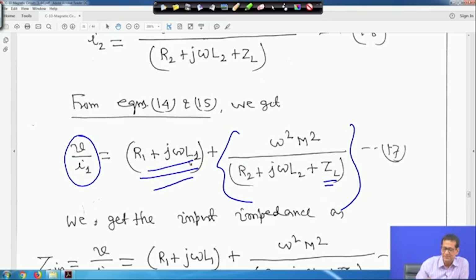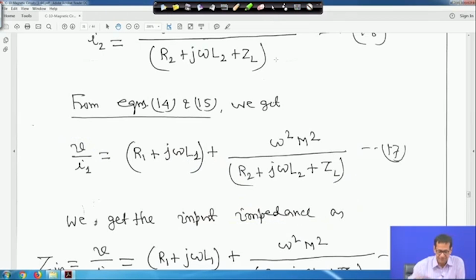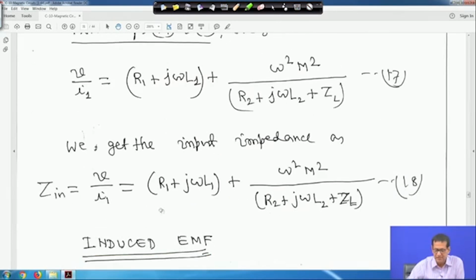R1 plus j omega L1 is the impedance of coil 1 when mutual inductance was not there, without mutual inductor. This V upon I1 in total we call the input impedance. So Z input is equal to V upon I1, R1 plus j omega L1 plus this term.